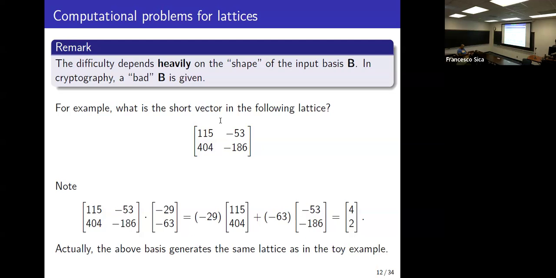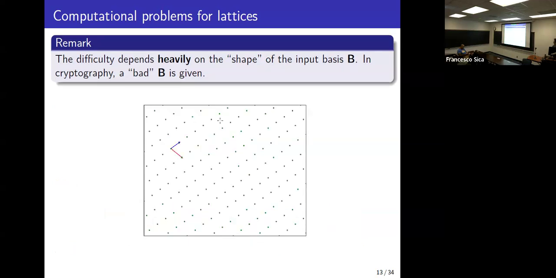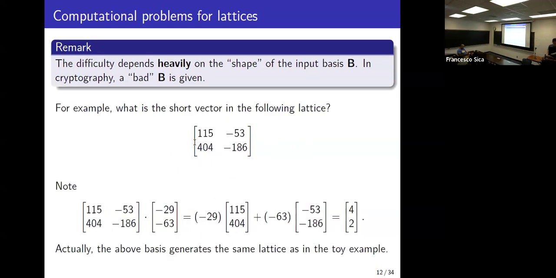This phenomenon can be described by this picture visually. Assuming that this was the basis vector that I showed before, it looks like there are two vectors which are reasonably short. They simulate the case where I have (4, 2) and the other is (-3, 4), right? They're relatively short. But I'm not going to give this B. Instead, I'm going to give this B over here.